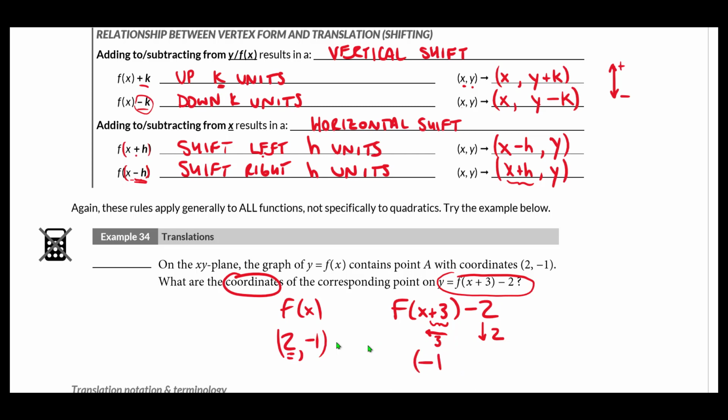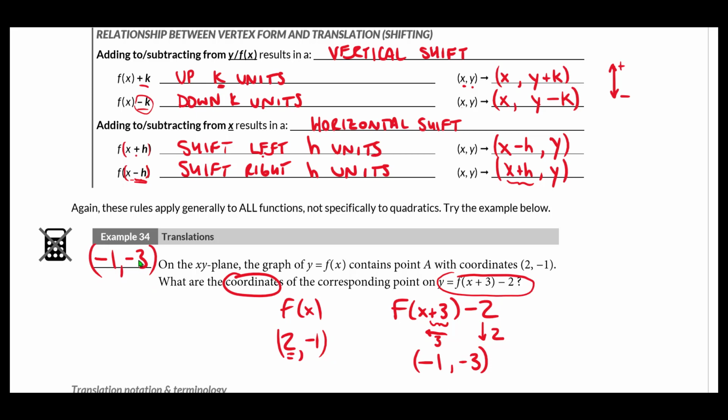And if we are at -1 and we shift down 2 units, we are at -3. So the corresponding point will be -1, -3 on the new function. So we have this new function. Everything has shifted left 3 and down 2, which means this point, 2, -1, will now be at -1, -3.